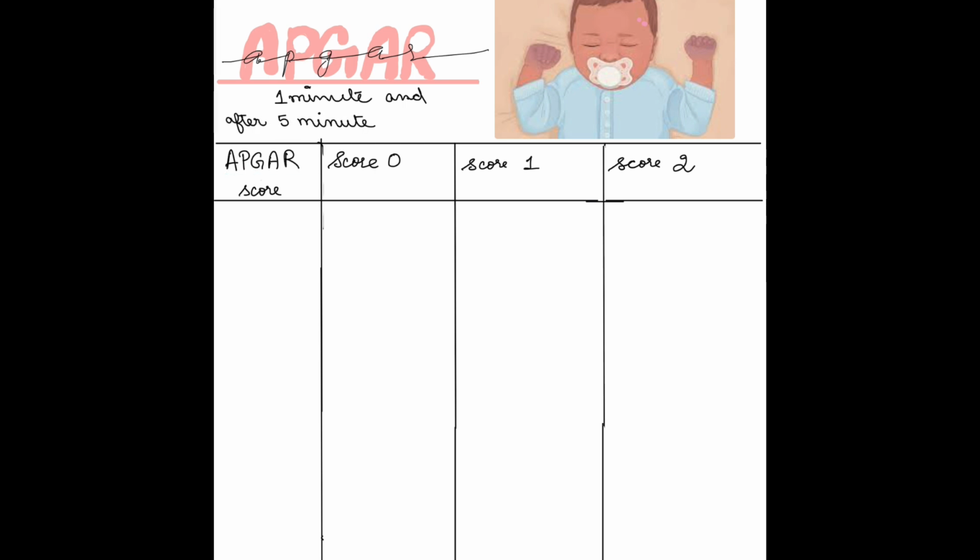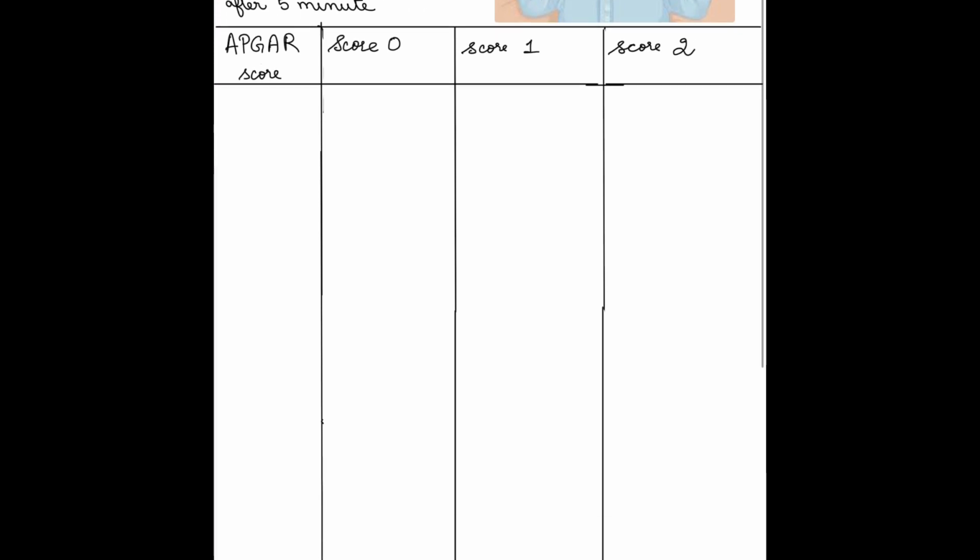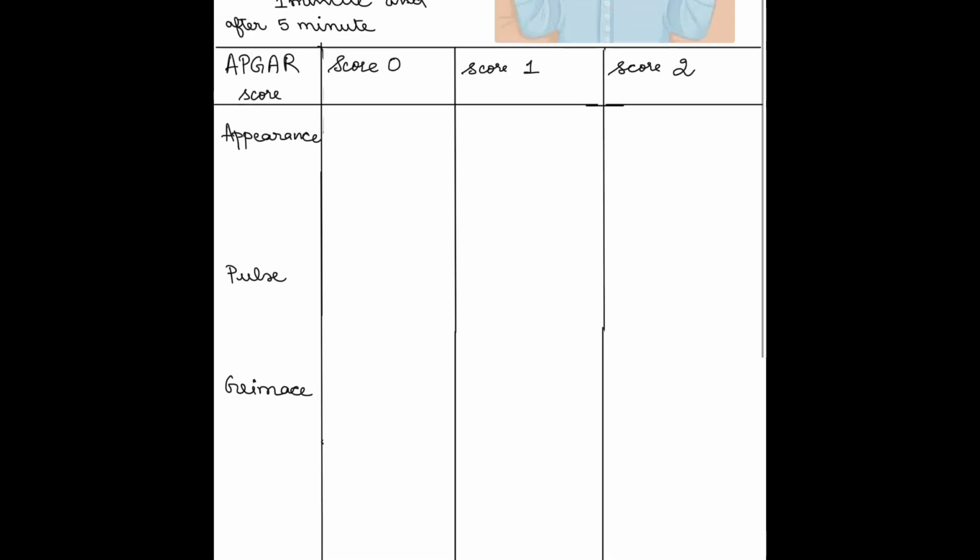Then I will describe the APGAR score. What does APGAR mean? APGAR is a mnemonic: A for appearance, that is how the baby looks, then P for pulse, what is the pulse of the baby, G for grimace, R for respiration.